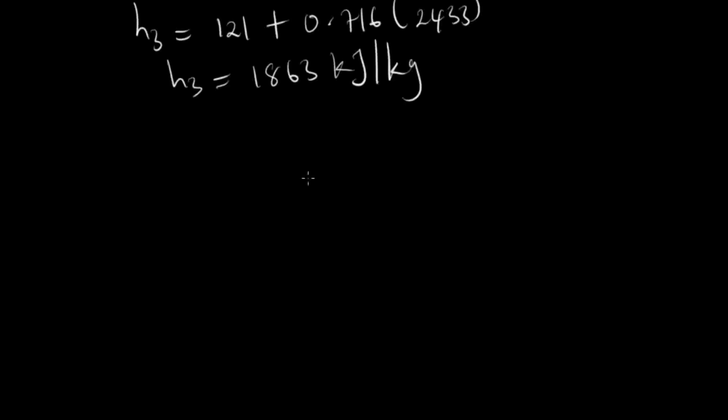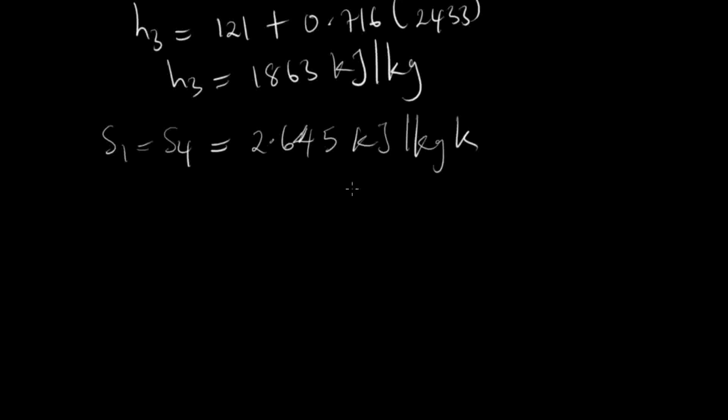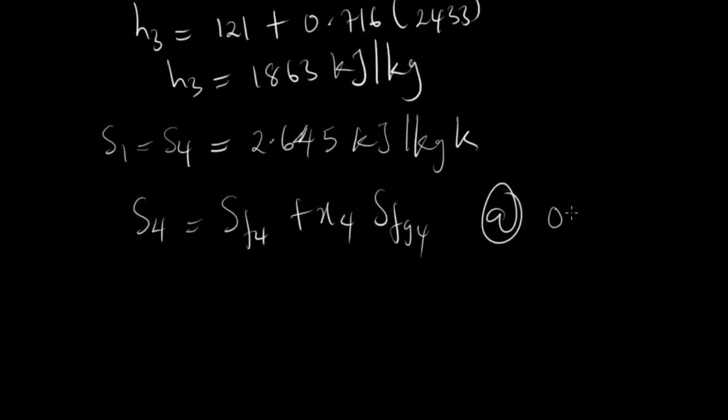So for state 4, remember that s1 is equal to s4 too. But what is the value of s1? We got it to be 2.645 kilojoule per kilogram Kelvin. So you can say that s4 is equal to sf4 plus x4 sfg4. So sf4 and sfg4 at 0.04 bar.